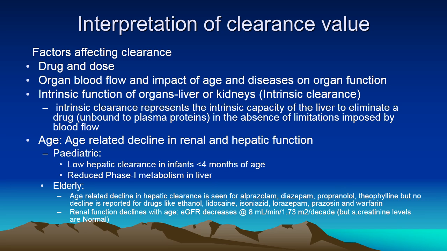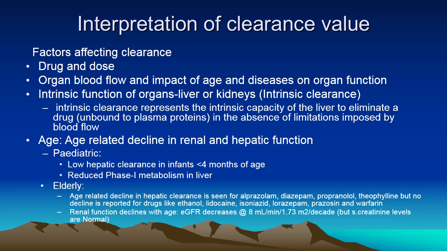Age is an important factor, and as age advances, there is a decline in renal function, we know. The hepatic function in infants less than 4 months is poor, so there is low hepatic clearance and reduced phase 1 metabolism in the liver.